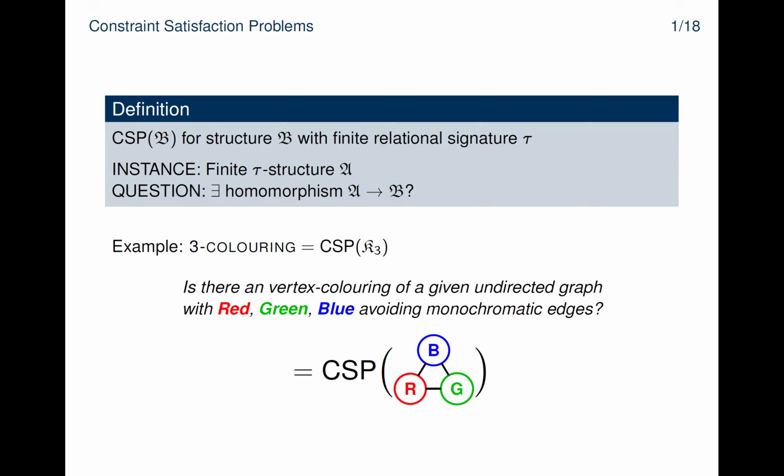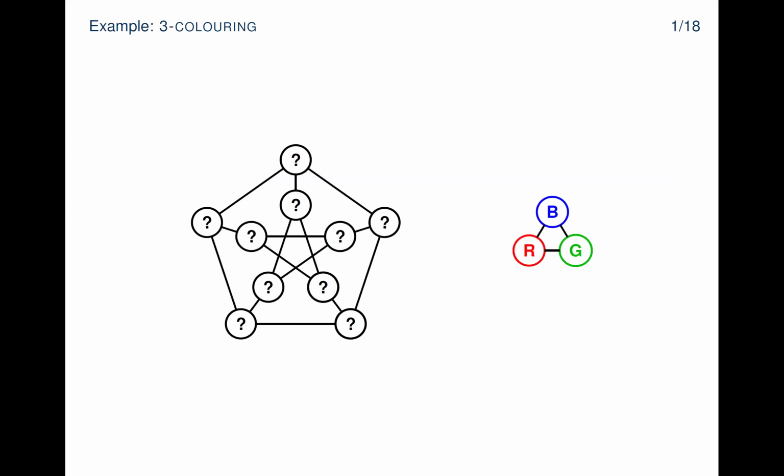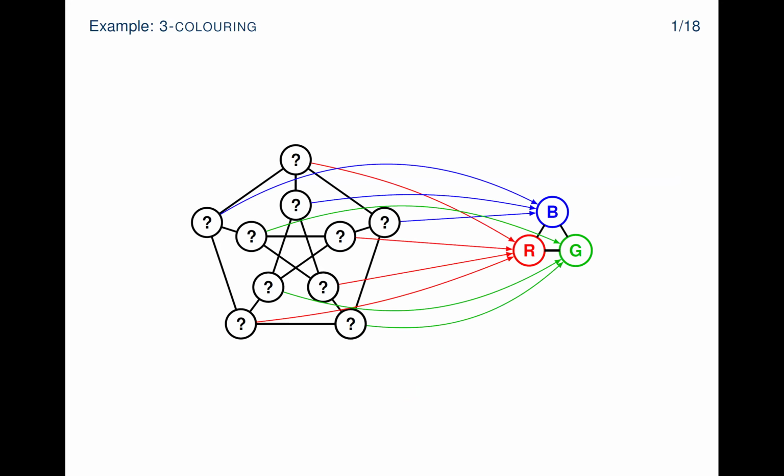So we cannot map two adjacent vertices to the same vertex, and this gives you a direct translation between the CSP definition and the standard combinatorial definition. Just for illustration, if we have this Petersen graph here, then a 3-coloring also corresponds to a homomorphism from the Petersen graph to the complete graph on 3 vertices.